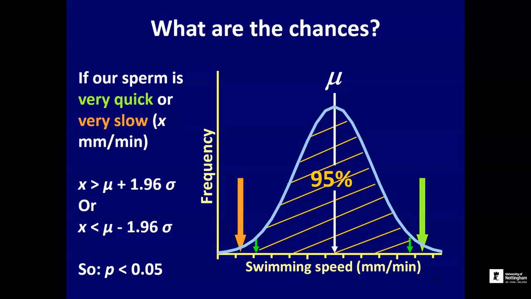So a sperm that is that unusual is going to crop up less than 5% of the time if we pick a sperm at random from the population.